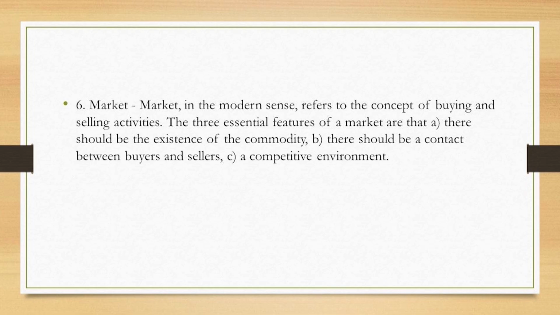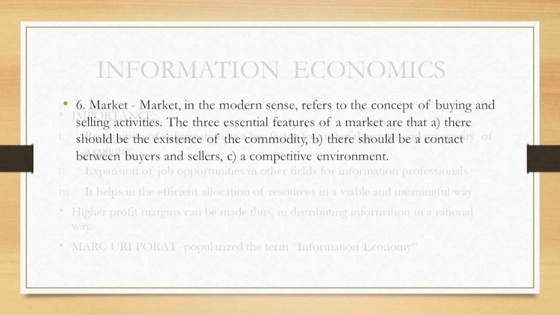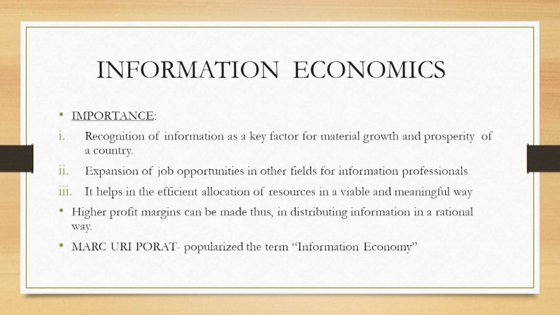The three essential features of a market are that there should be the existence of the commodity, there should be a contact between buyers and sellers, and there should be a competitive environment. Information, though it is an intangible product, always has a market, and this is important in case of information economics.